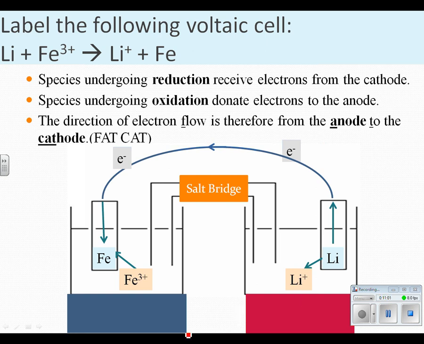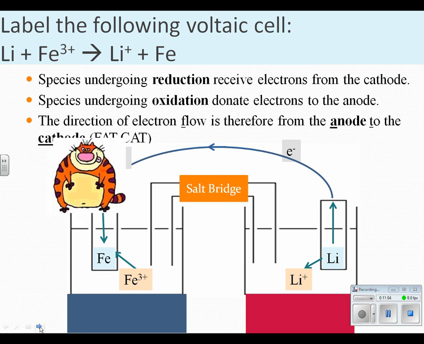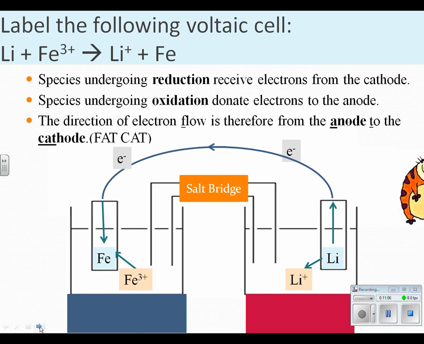The anode, again, is where the value was oxidized, and since it was oxidized, it lost electrons. The cathode is where it is reduced, which means that it gained electrons.